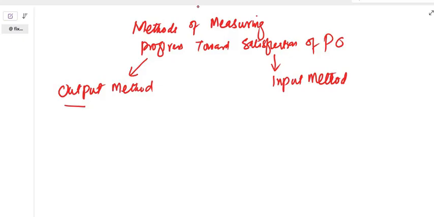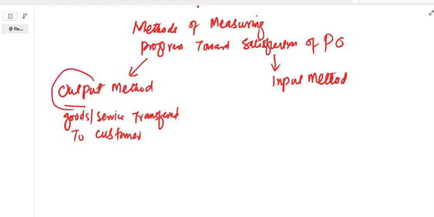The output method is basically the progress usually based on the goods and services transferred to the customer. So it means that it's considering the output, meaning the completion that has been transferred to the customer.